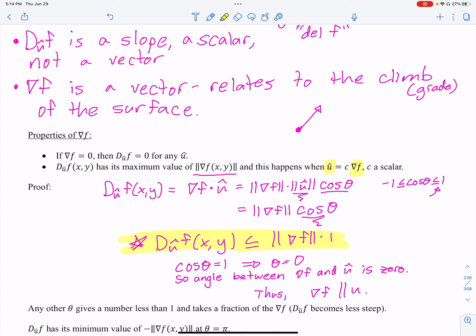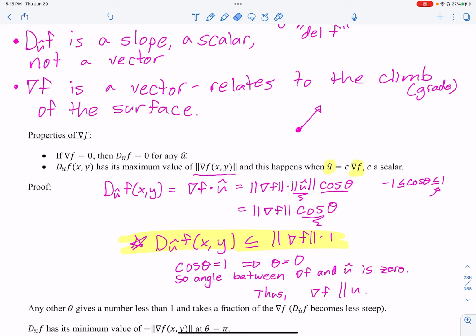So that means the quickest way up, all I got to do is find the magnitude of the gradient of f. The vector itself tells me which direction that happens in. Let me get that across to you again. The biggest the slope will be the magnitude of the gradient of f. That's the biggest the slope will be.